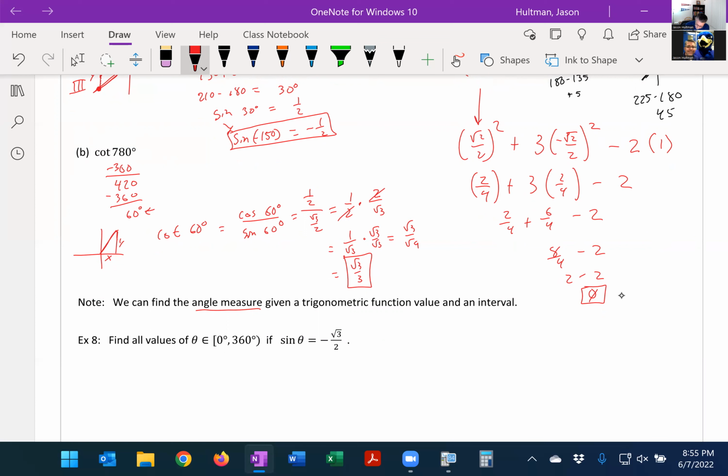Well, let's look at the angle that produces the sine of radical 3/2. What angle will give me a sine value of radical 3/2 in just the first quadrant?